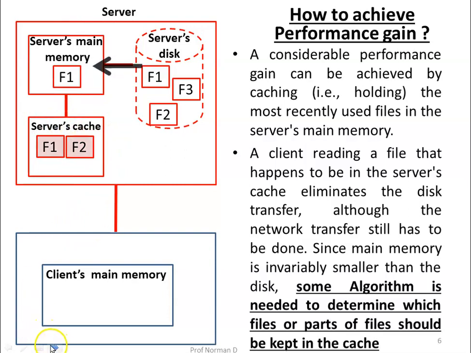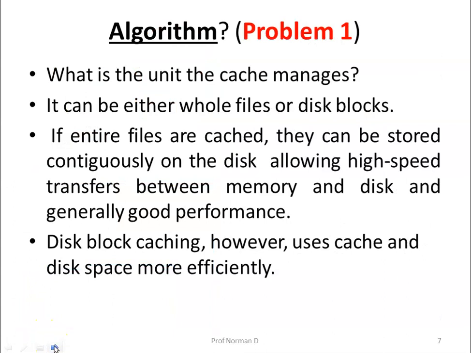Now we'll see what the requirements of the algorithm are. Whatever algorithm we design, there are two problems to be resolved. The first one: what is the unit that the cache will manage? It can be either a whole file or a disk block.